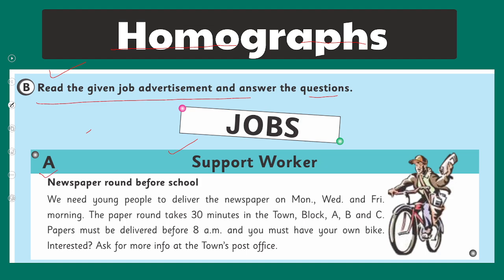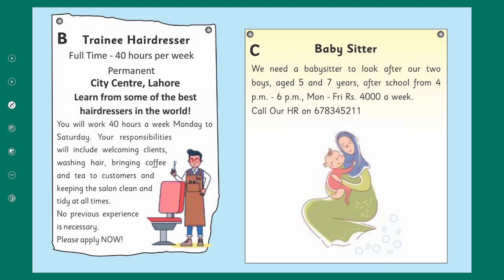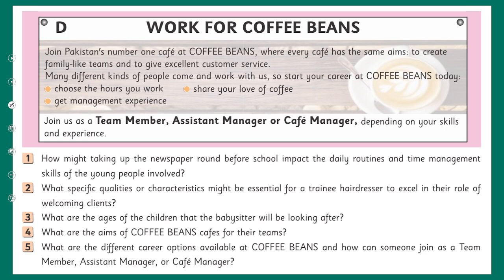So when you are reading this advertisement, you can find different kinds of questions attached with it. So, can you analyze, can you predict which question is simple and which question is of higher order thinking questions?